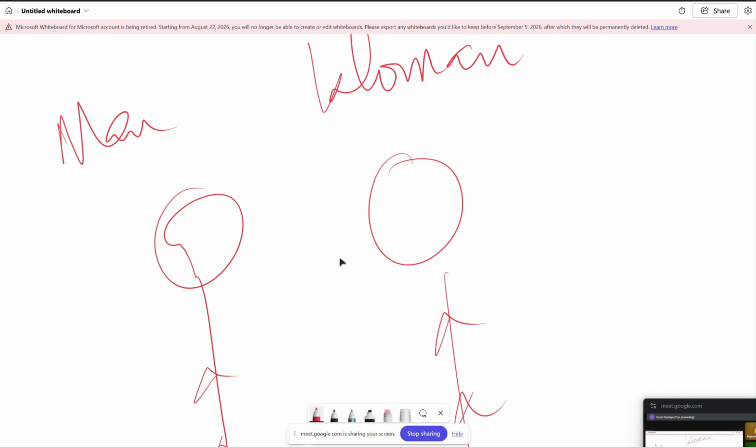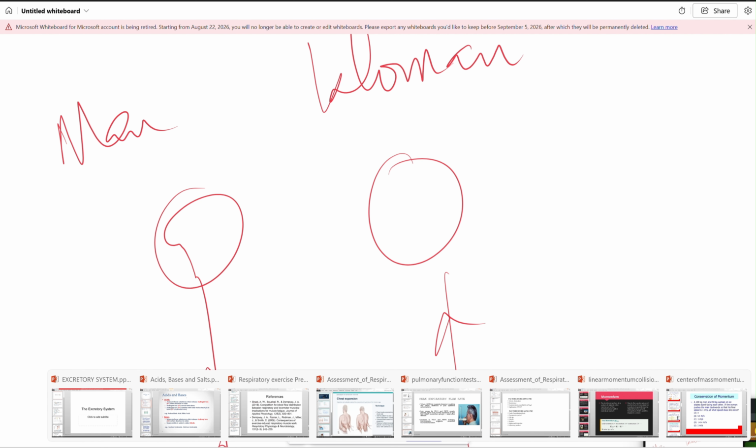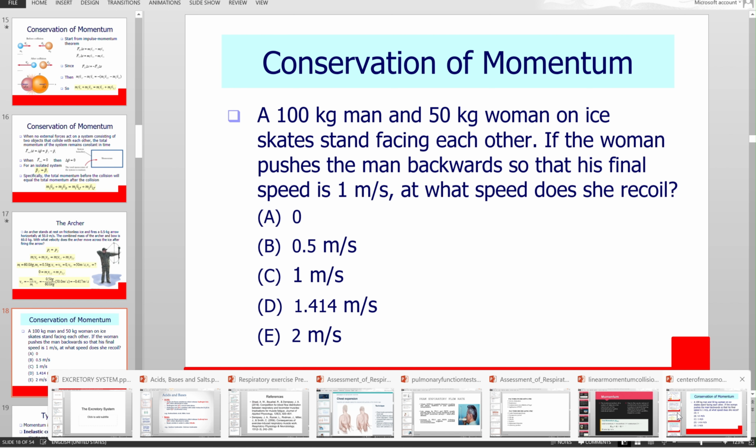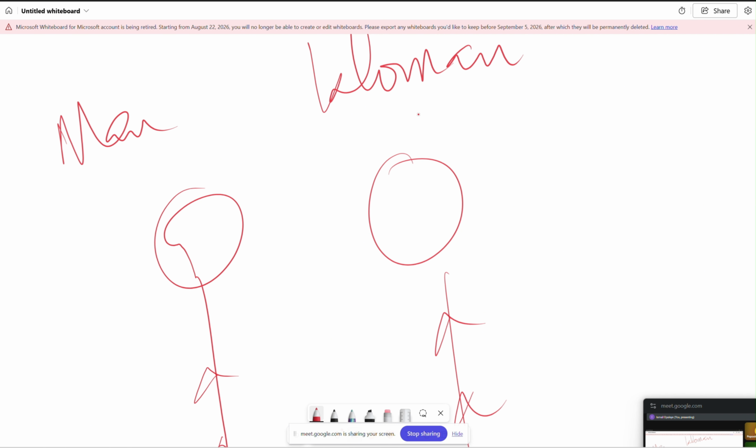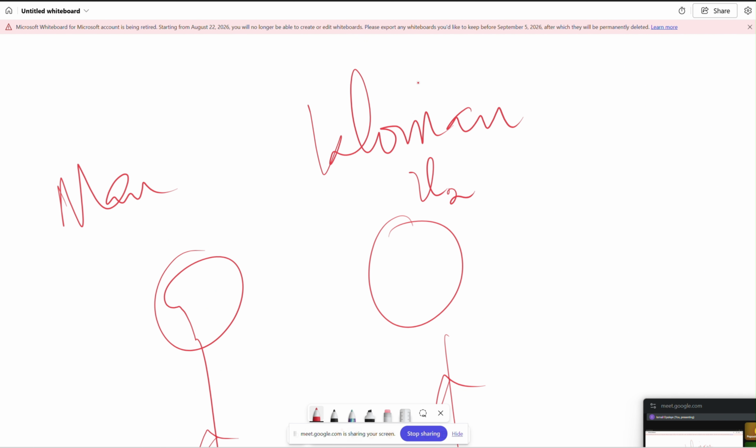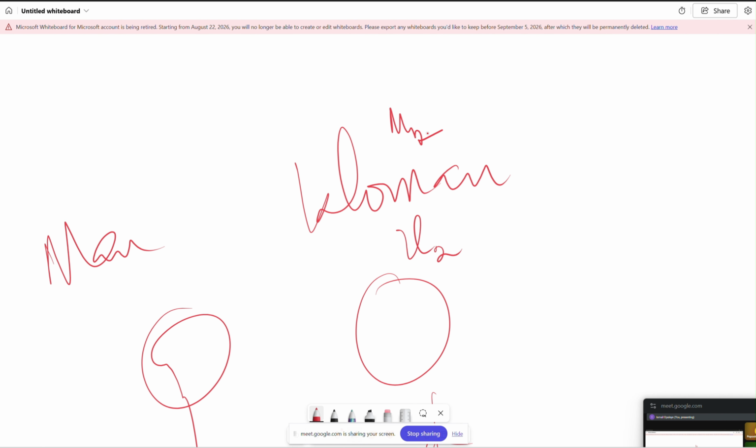If the woman pushes the man backward so that his final velocity is given, if they are standing there, that means their initial velocity was 0. Let me take this one as 2, so of course there must be 1. Initial velocity is 0 because they are standing. So what is mass 1?